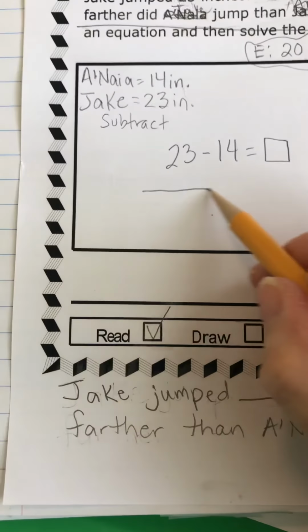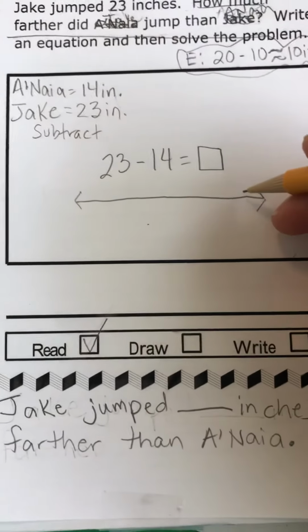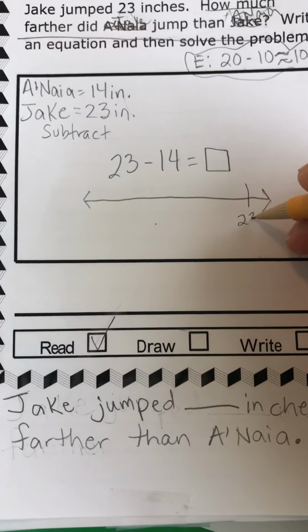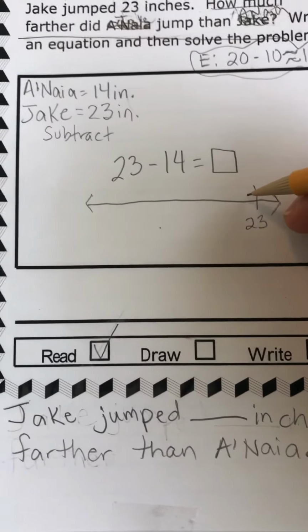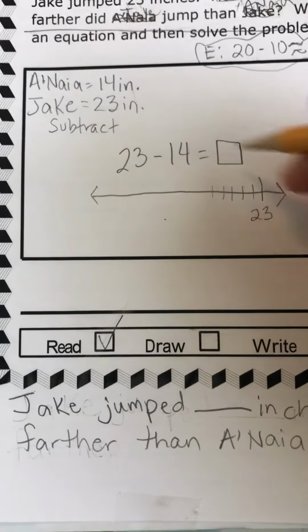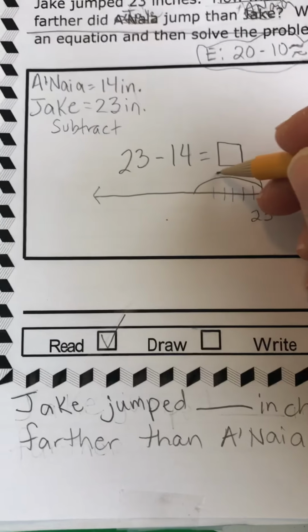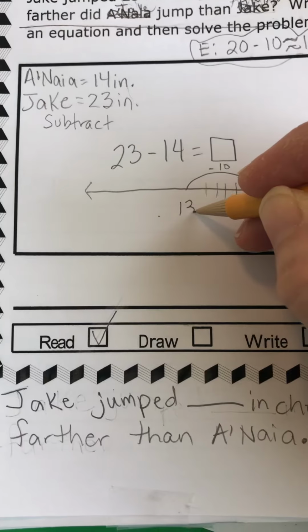Okay, so if you are still liking the number line strategy, you could set up your open number line and you would come down here at the end and do 23, and you would need to subtract 14. So instead of doing each mark to take away that, you could just jump and take away 10, and you know that that would land you at 13.